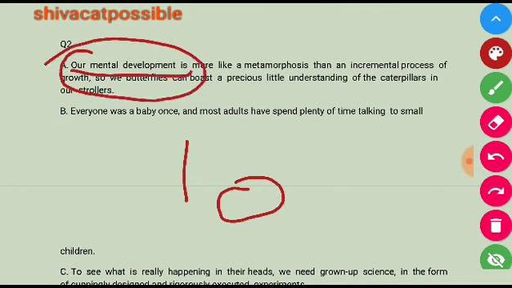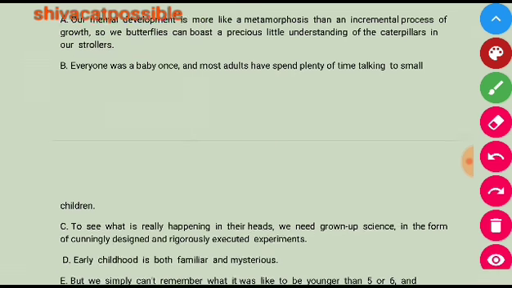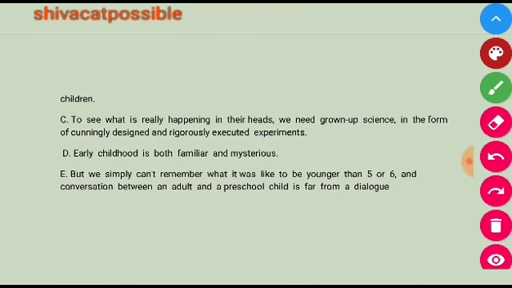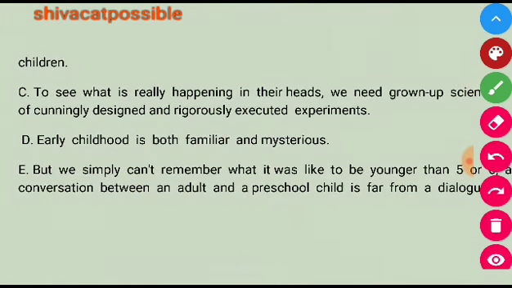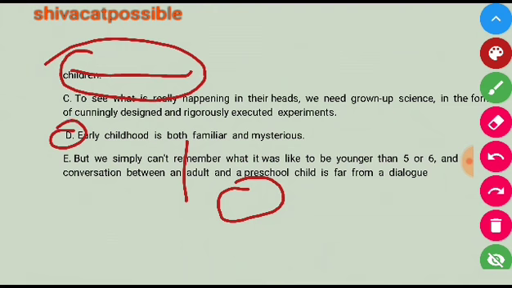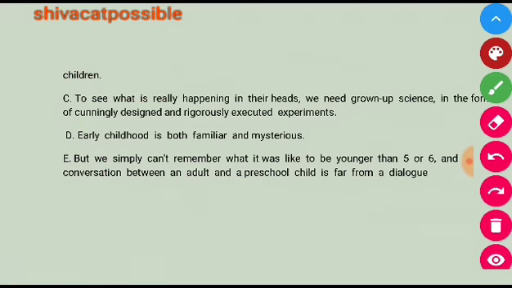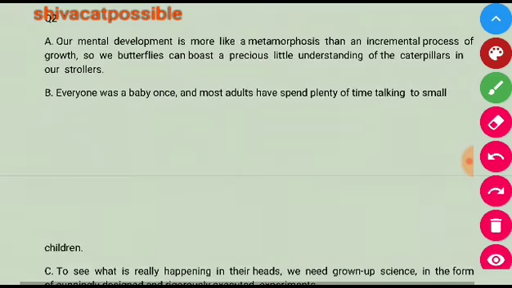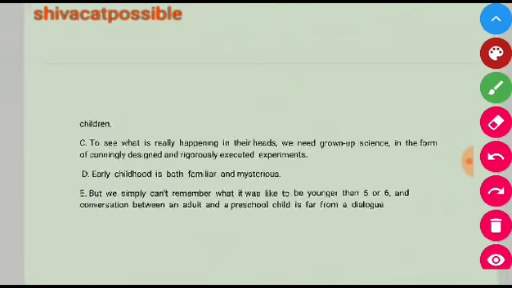It can be a general sentence, but we'll see the next options also. Option D: early childhood is both familiar and mysterious. So this can be an opening sentence. We have to hold it, but we cannot simply, so this cannot be an opening sentence. So for the opening sentence we have two options, A or D.